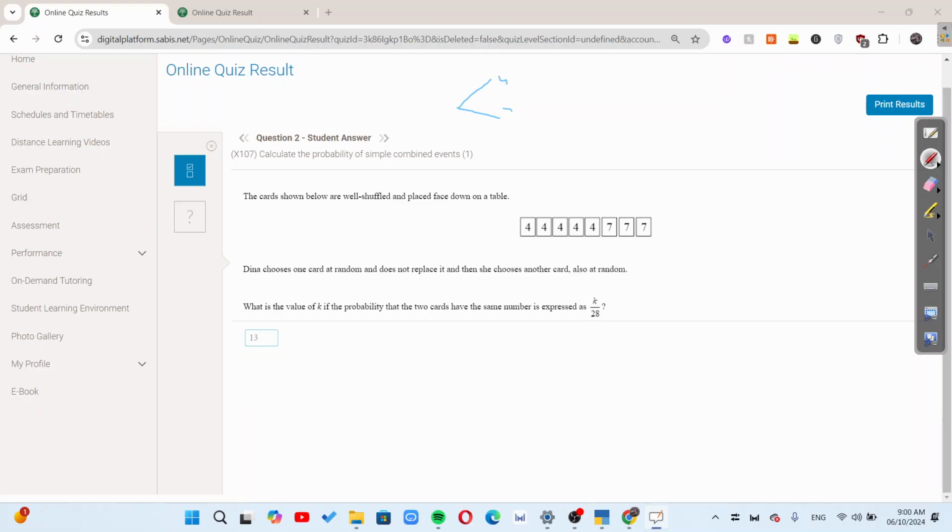The chance of her getting 4, you have to count how many 4s there are: 1, 2, 3, 4, 5 out of 8 cards. So her chance of getting 4 is 5 over 8, and the chance of getting 7 is 3 over 8.